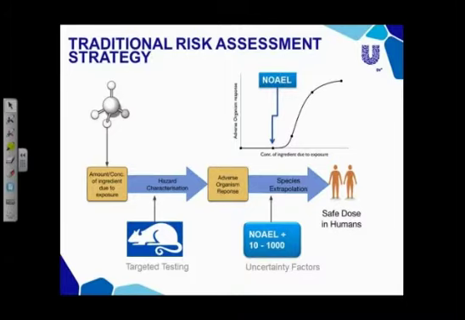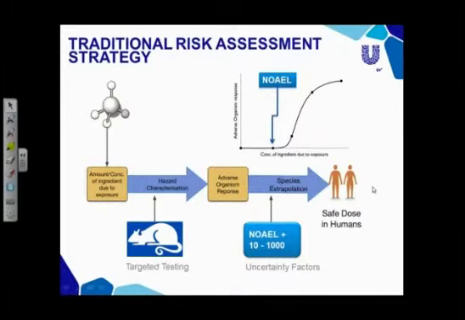We've got different polymorphisms and different things about ourselves. So let's divide by another 10. And actually children are different than adults, so let's maybe divide by another 10. And actually the dosing regime in the rodents was different from the exposure that we'll have for the humans. So maybe we divide by another 10. So you just increase these factors to make a decision around the safe dose in humans.